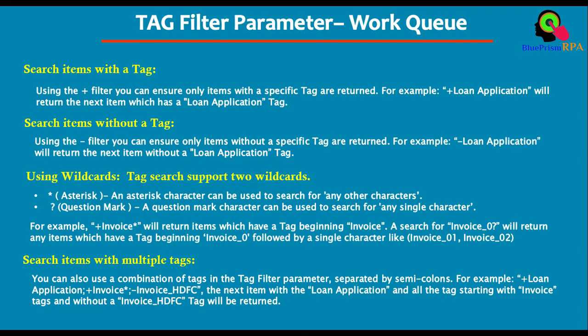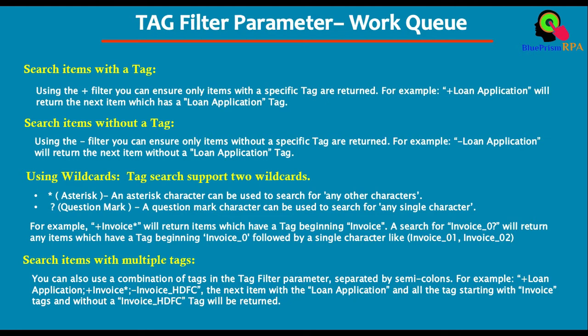The first one, plus loan application, will give you all the work queue items which have the tag loan application. Now the second option, plus invoice star, will give you all the queue items which have invoice at the start. It means in the beginning you will have invoice followed by any value.